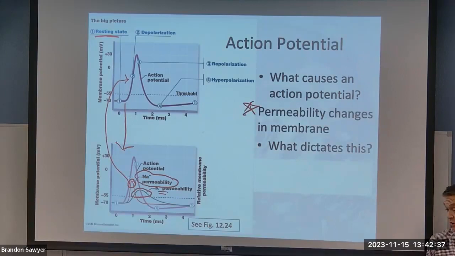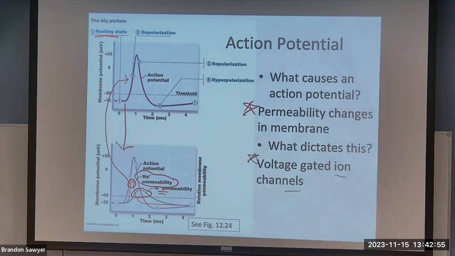Really what that means is we're opening up channels in the membrane to allow for ions to cross. And what's going to dictate this is one of the channel types we talked about last time, which is these voltage gated ion channels. Right, so channels that open up or close depending on the voltage around them.